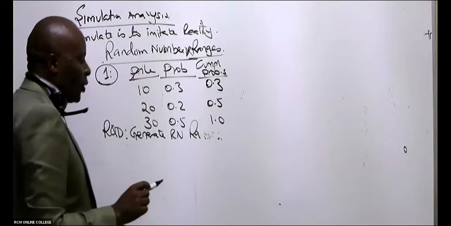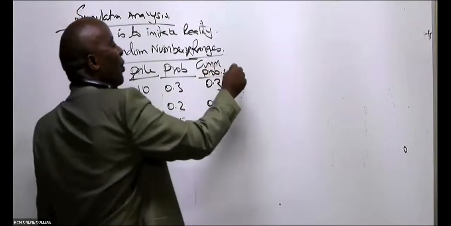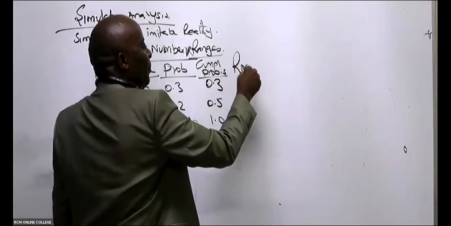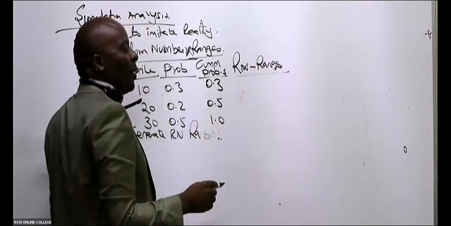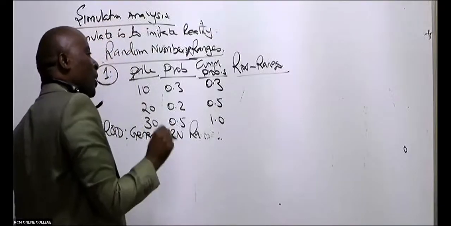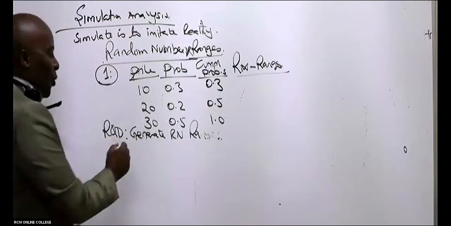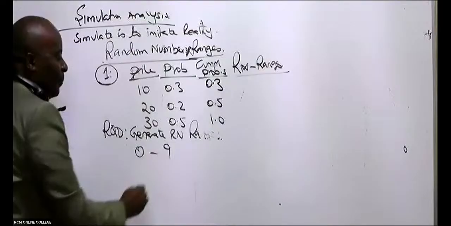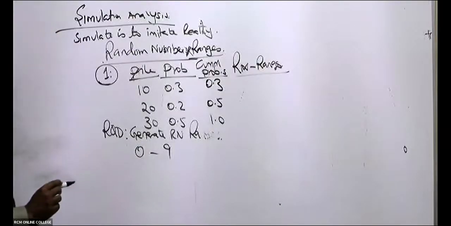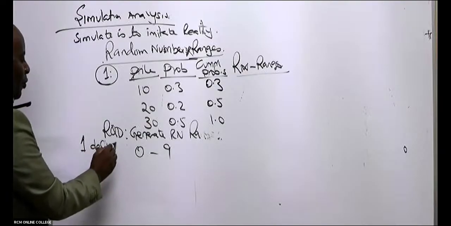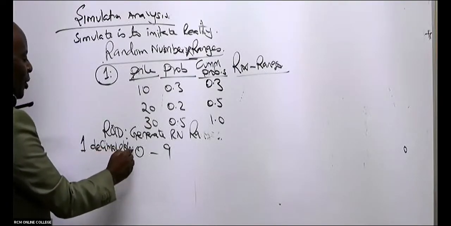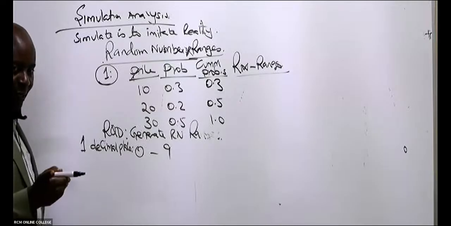Now from there, ladies and gentlemen, you'll be able to give us what we call random number ranges. So random number ranges, what do we have? Remember, these ranges begin from 0 to 9. This is when you have 1 decimal place. Whenever you have 1 decimal place, we have 0 to 9.